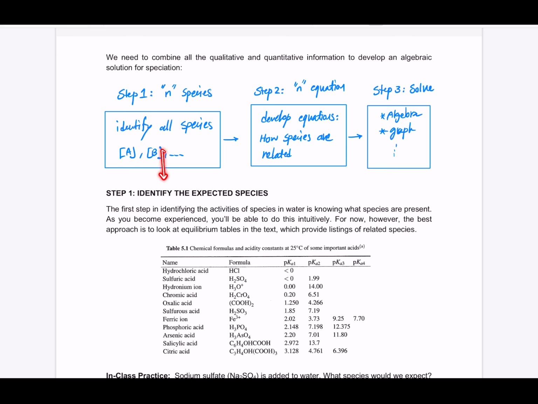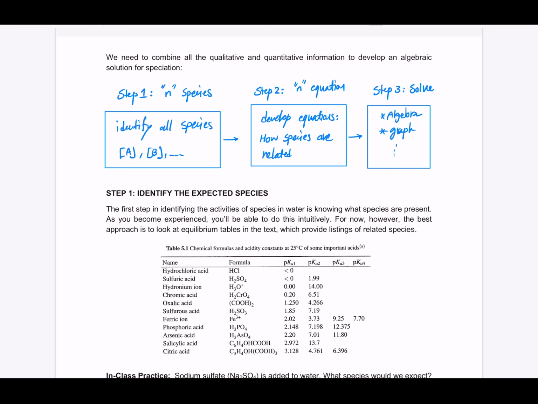So step 1 is identifying expected species. One thing here is that you have to be experienced in terms of understanding what species you might expect based on what you're adding to the system. For example, when I'm adding sodium chloride, most likely I'm adding sodium chloride itself.